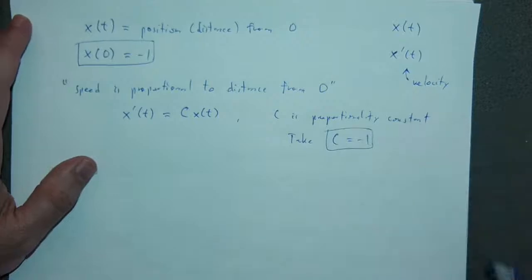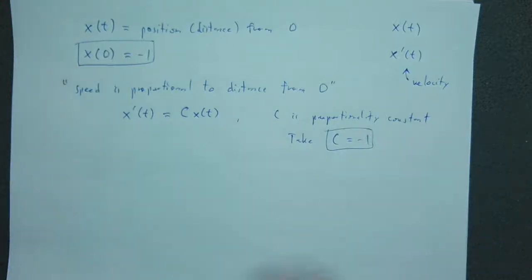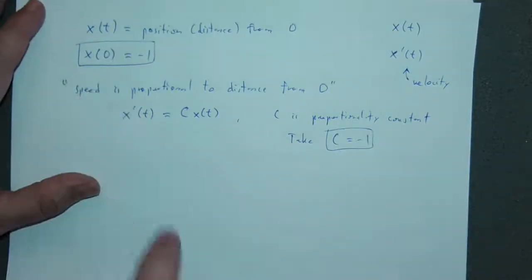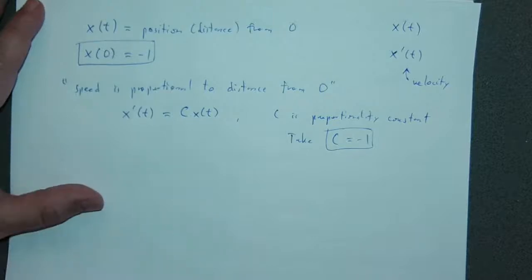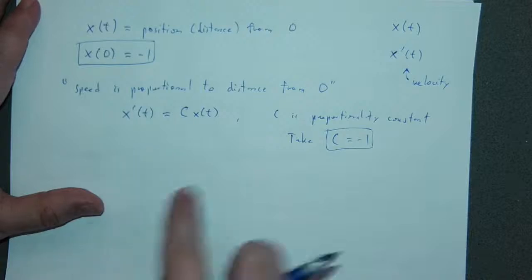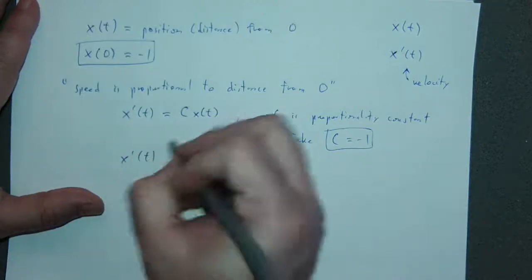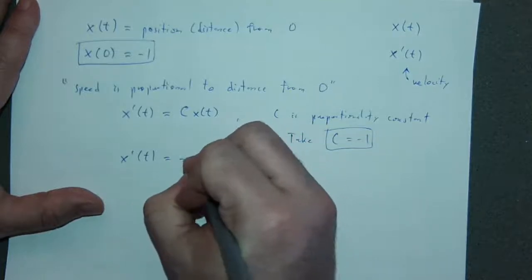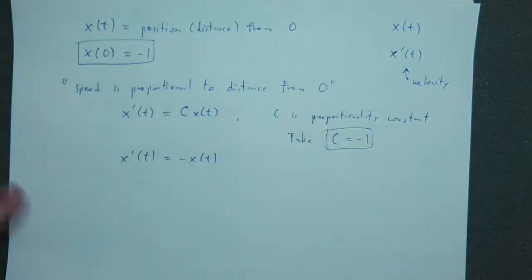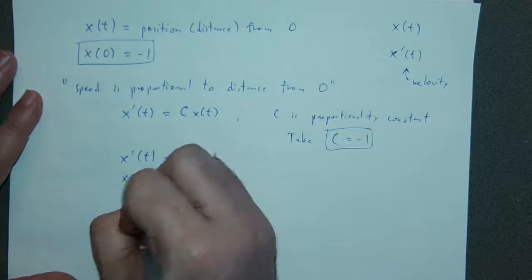I've added this sign for convenience since I'm starting on the left side, at -1. So using this, I have the equation x prime of t is minus x of t, and I have the initial condition x of 0 is equal to minus 1.